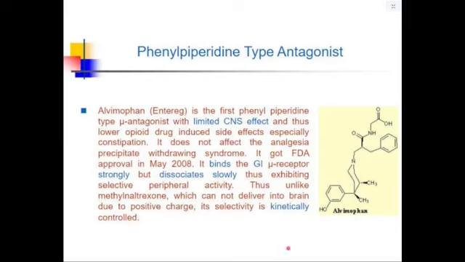We do have one example of a phenylpiperidine type of antagonist, but you can see, of course, it has a completely different structure. Again, it is a bemidone. You can see what we had earlier. It also shares the methyl group that is on the piperidine ring.